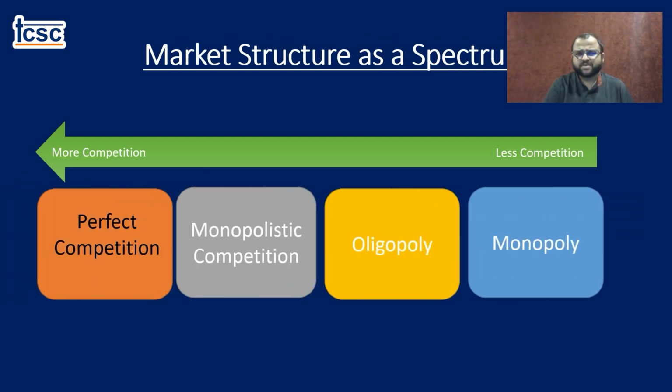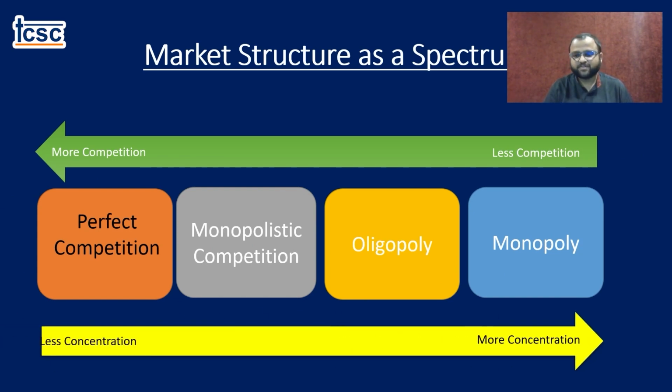To make it simpler, if you're talking about any market, you need to understand the nature of competition and the nature of concentration. So if you're moving from perfect competition to monopoly, you see the amount of concentration increasing towards monopoly as you go from few or large numbers to a single seller. But if you're talking about the nature of competition, it is increasing from monopoly to perfect competition because from a single seller we are going to many and large sellers.